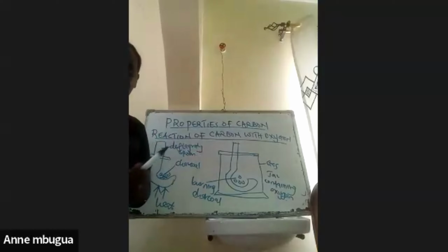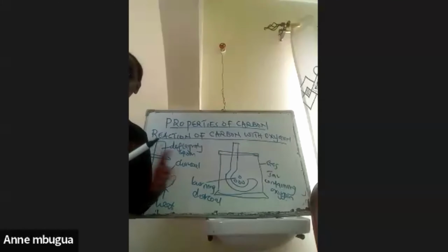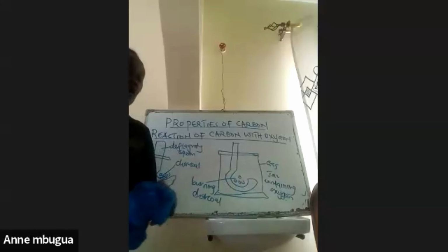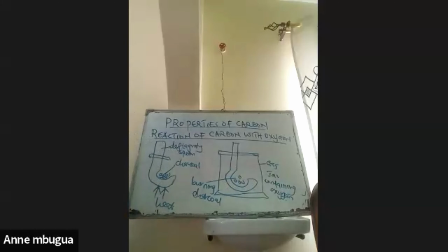State and explain the observations made when the hot charcoal is transferred into the gas jar containing oxygen. That is how normally the examiner assesses this area. State and explain the observations made when this charcoal, which is hot, we heated it, is transferred into a gas jar that contains oxygen.